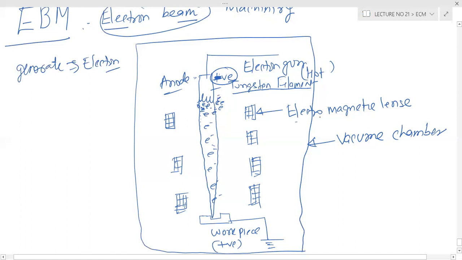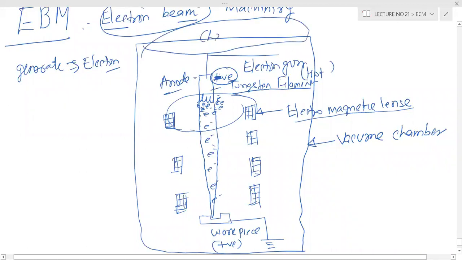So we use an electromagnetic lens. Basically, you know that an electromagnetic lens is a focusing lens. It is a cross section of a cylindrical chamber.